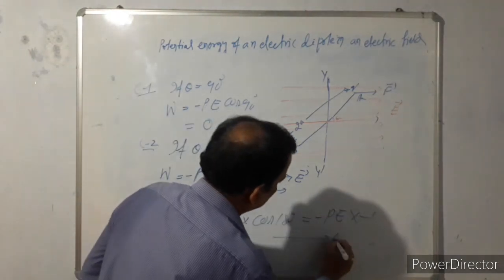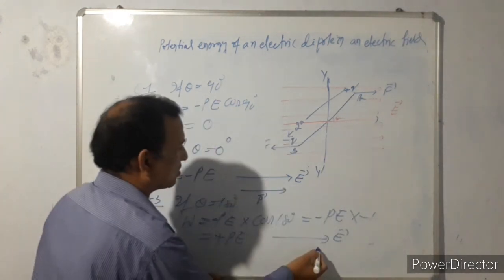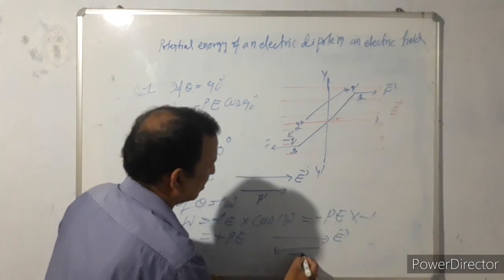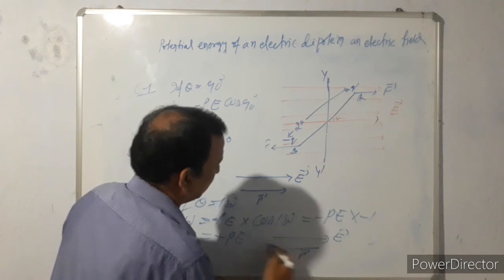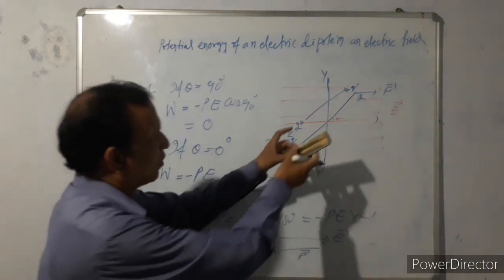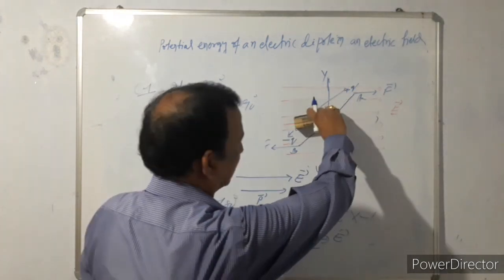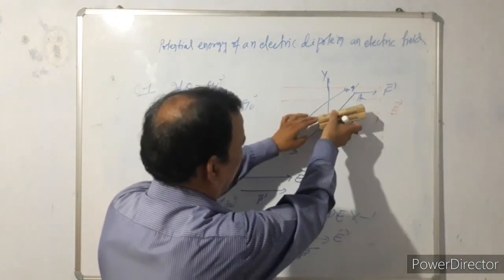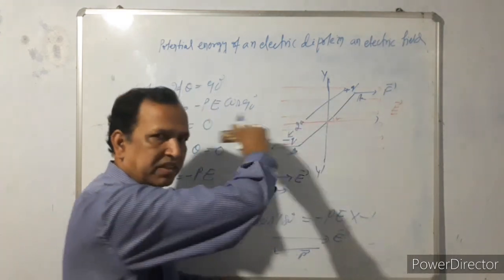This is the lines of force, this is P, the dipole moment. So 180 means this is the dipole. Dipole rotated like this.